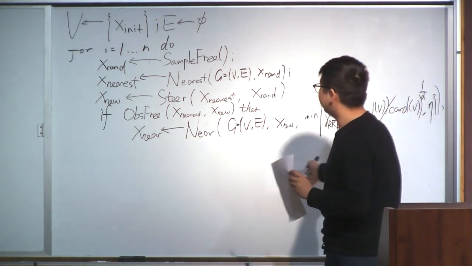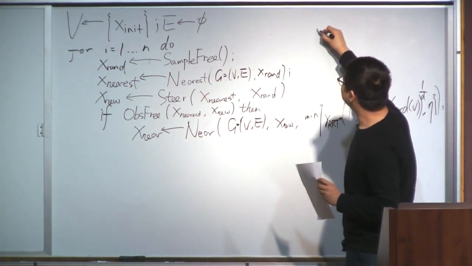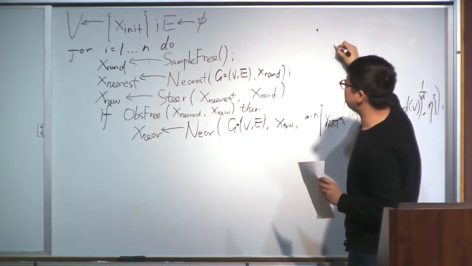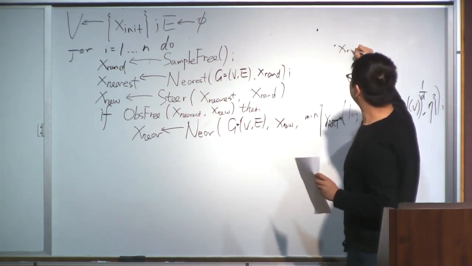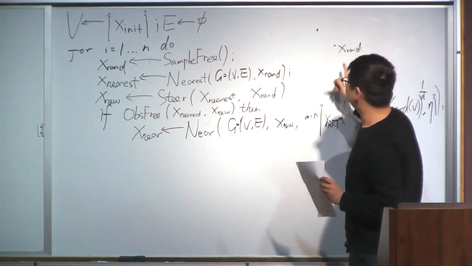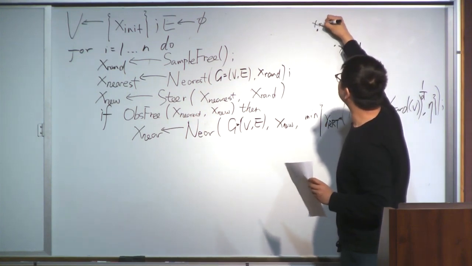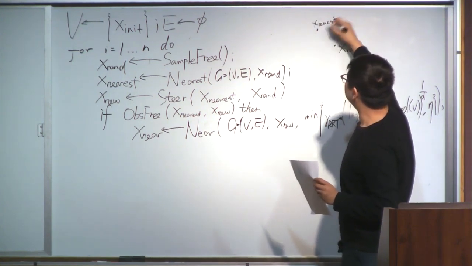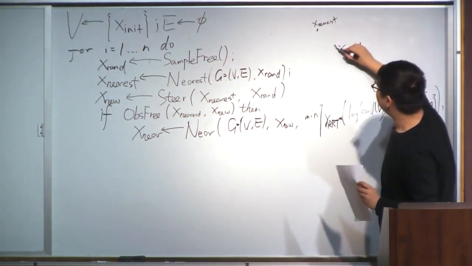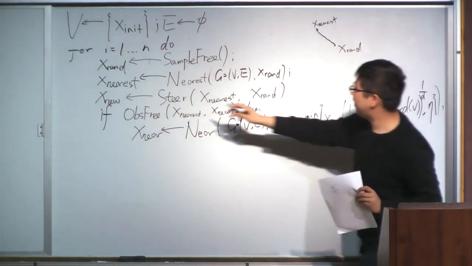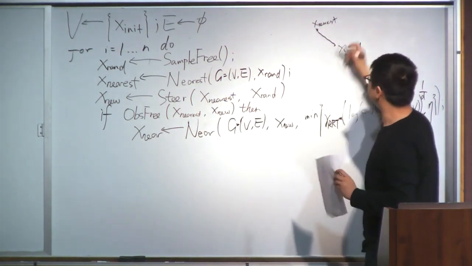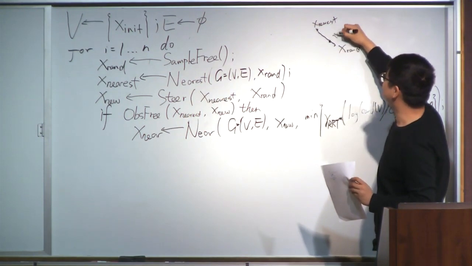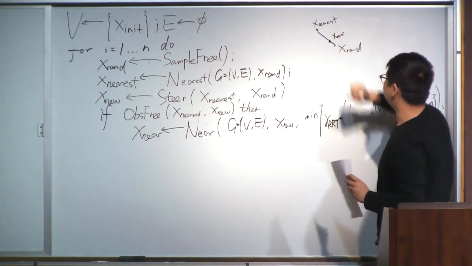Previously we have some point here, and we sample x rand, and we find its nearest neighbor, x nearest, here, and we connect them. With the steer function, we find some x new in the middle that we can reach.